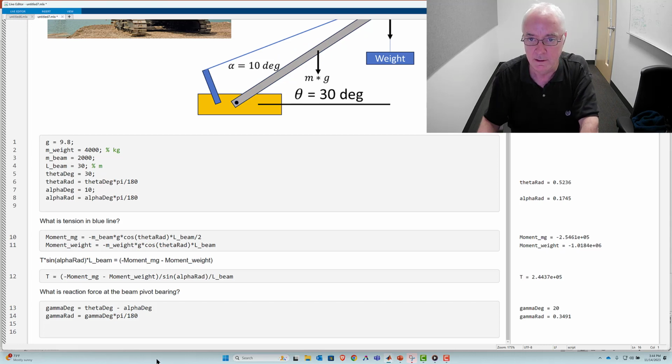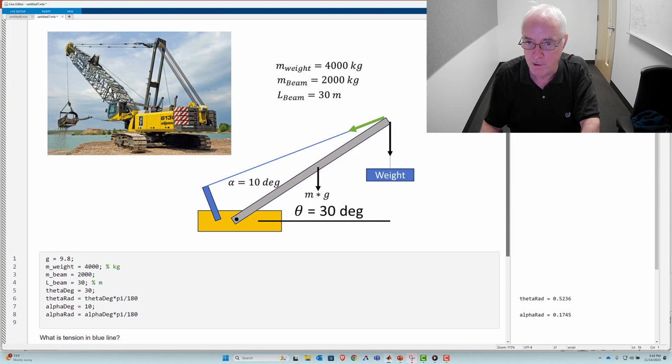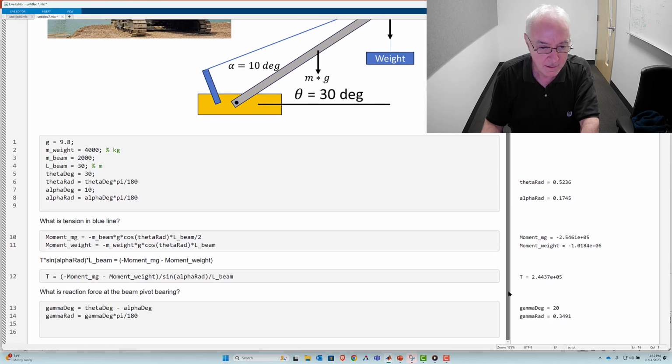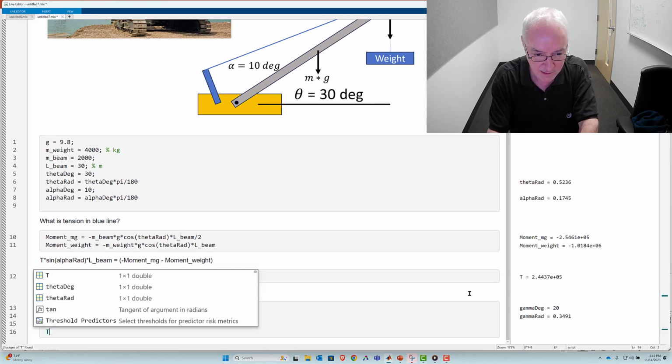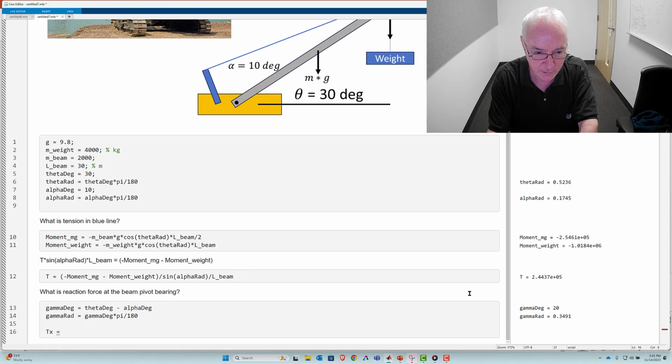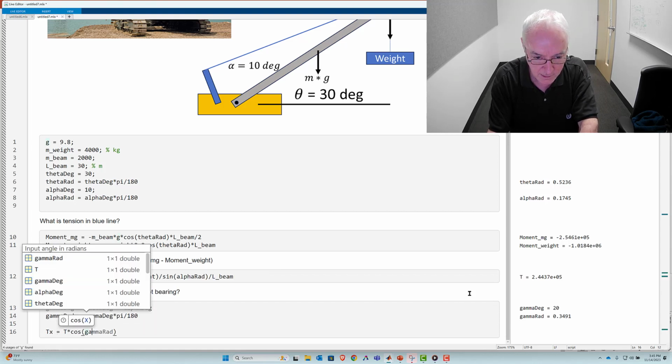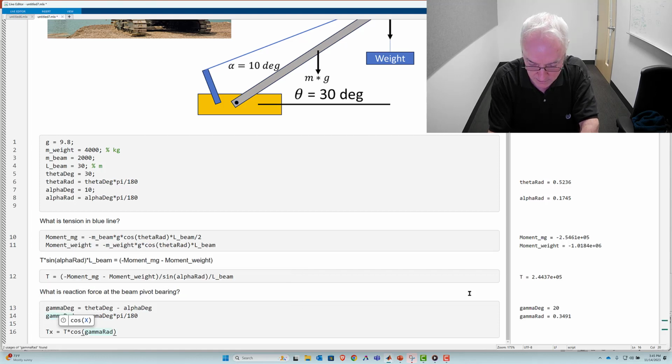With that, we can make one more reference to the picture with that horizontal line and that new gamma. We'll see that the cosine will be in the x direction, and the sine will be in the y direction. Both of them will have negative values too. So we've got Tx is equal to T times cosine gamma rad, and it will be a minus.